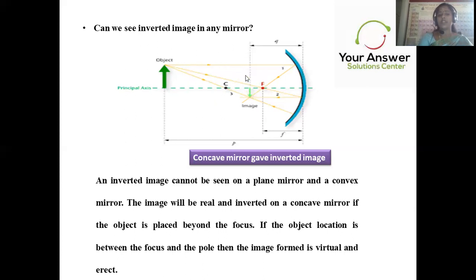If you place the object between C and the mirror, again it will appear as an erect one only. So the condition required is away from the middle point. If the object is there, this concave mirror is able to give the image in the reverse, inverted manner, right? So this is the probable answer for this question.